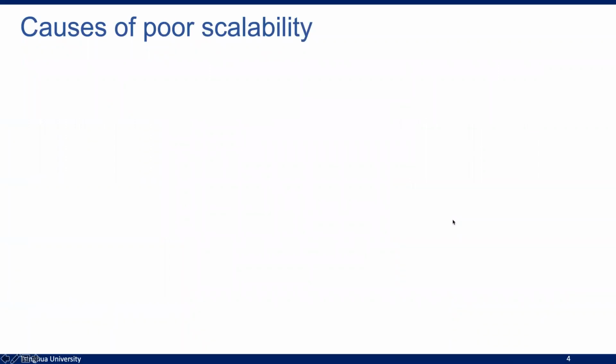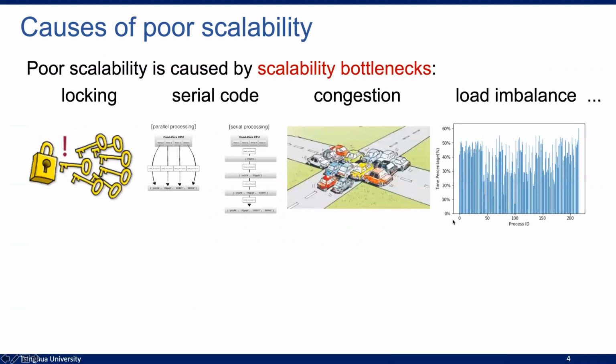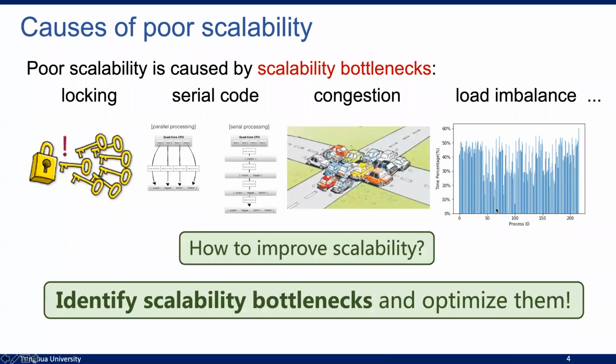And why is the scalability poor? It is caused by scalability bottlenecks, such as lock contention, serial code, network congestion, load imbalance, and many more. So how do we improve scalability?